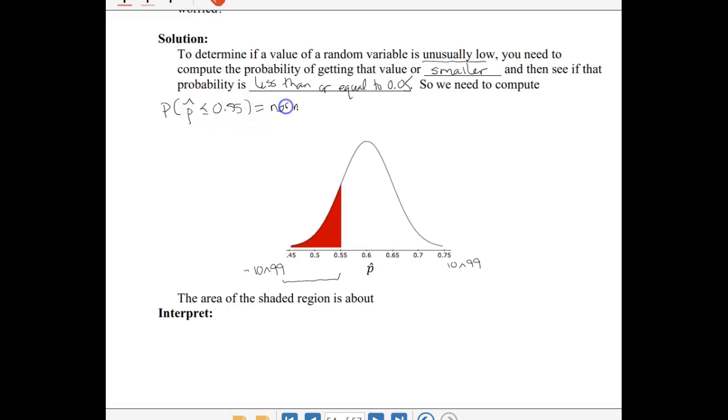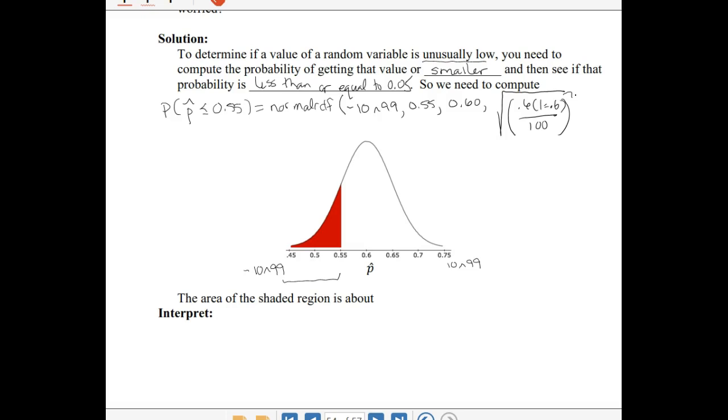We check the conditions to know that the distribution of p-hat is approximately normal, so we can use normal CDF to compute the probability. And the left endpoint is negative 10 to the 99. The right endpoint is 0.55. And then the mean from up above was 0.6, and the standard deviation was the square root of 0.6 times 1 minus 0.6 over 100, and again, the square root of that entire quantity.